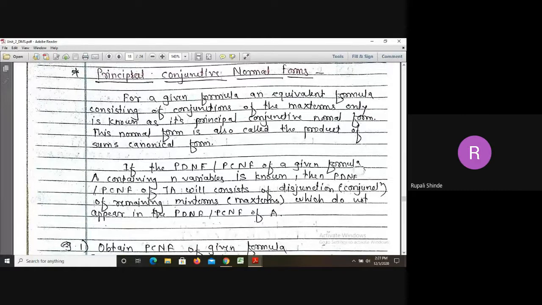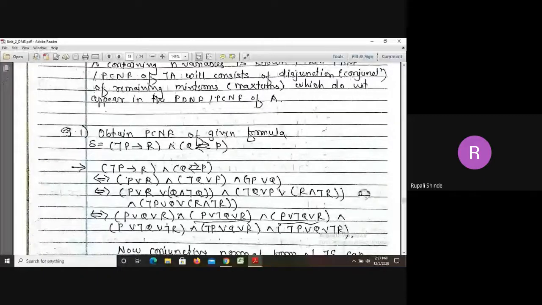So out of 8, if your PDNF consists of 4 minterms, then the remaining 4 will be used for PCNF. Then we have to consider the remaining 4 terms and then we have to take its negation. Then you will get the respective PCNF.